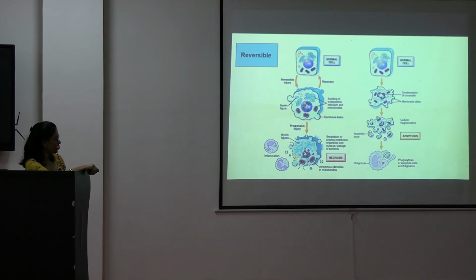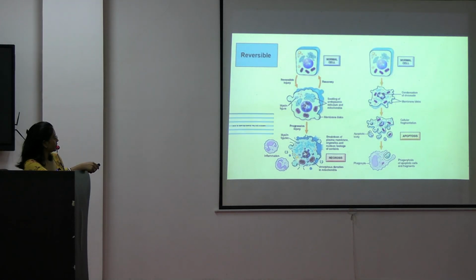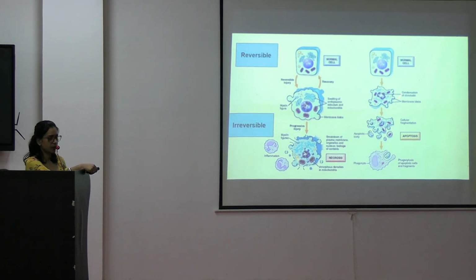The changes which happen in necrosis and apoptosis will be dealt with in the subsequent classes. Okay. So now when we compare these changes with what happens in apoptosis, what is apoptosis?